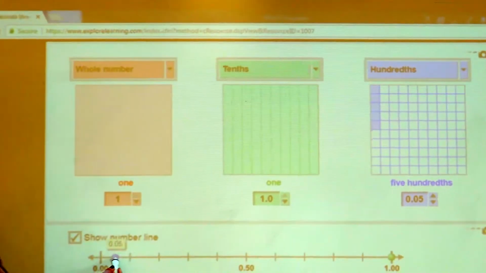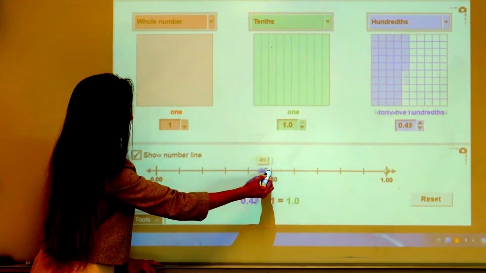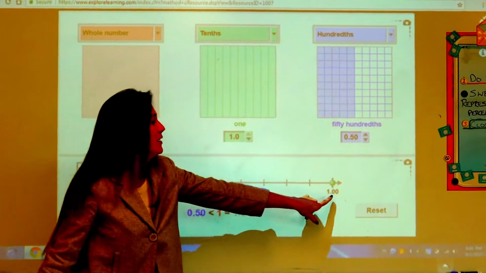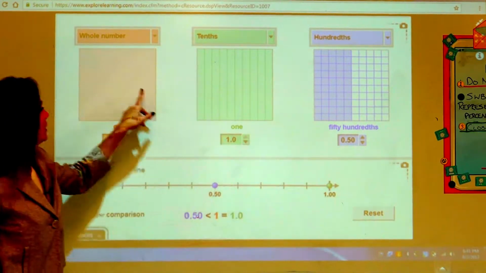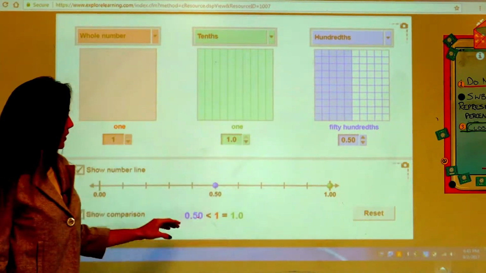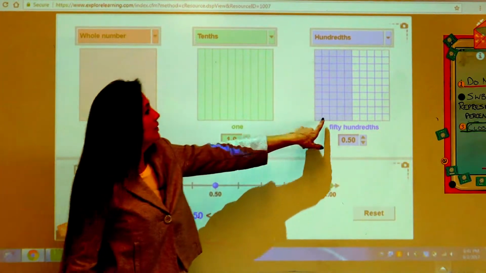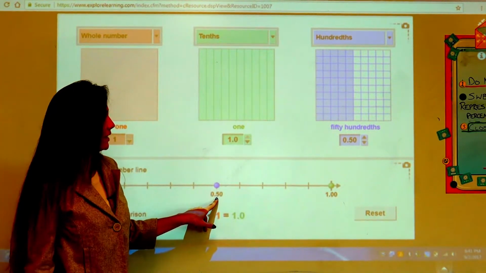Let's move this little ball around. Here's our 1 on the number line, that green one. Here's our blue, the blue dot.